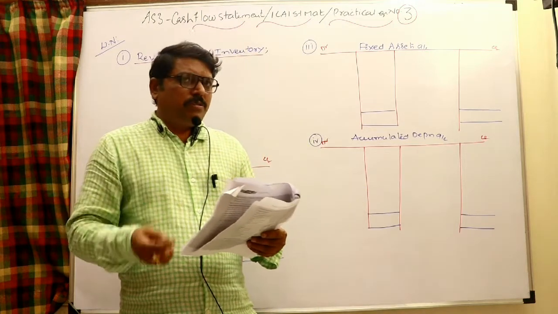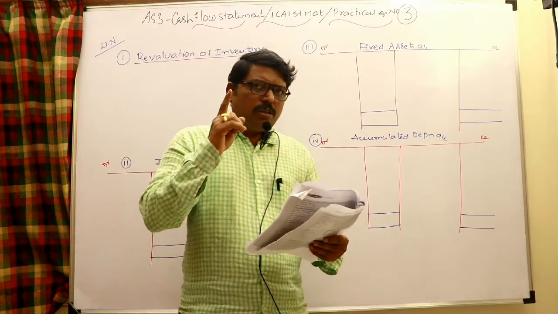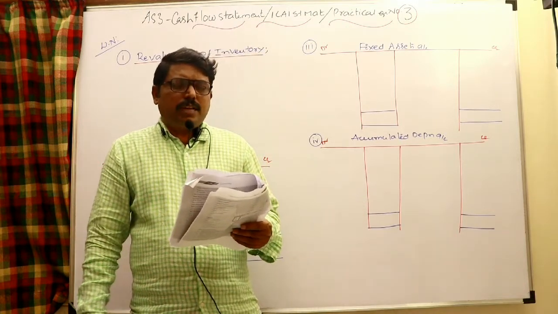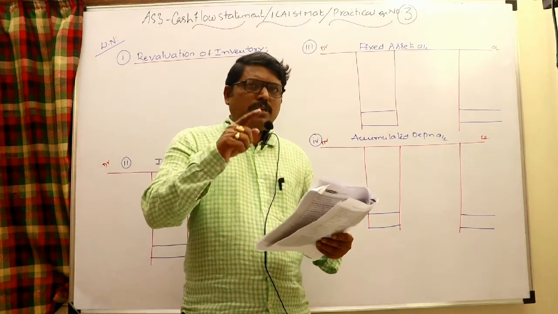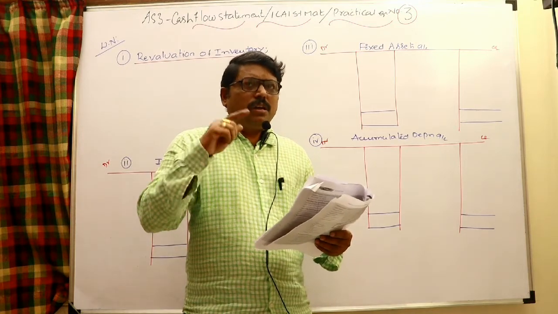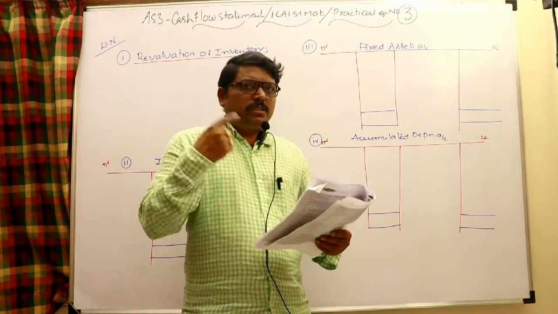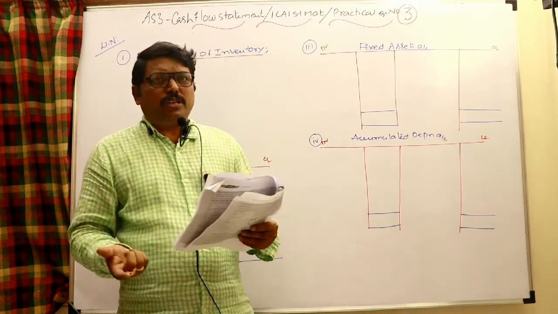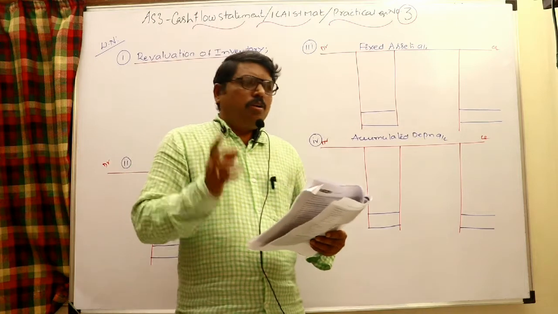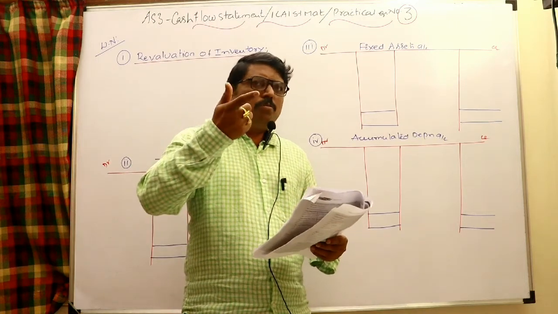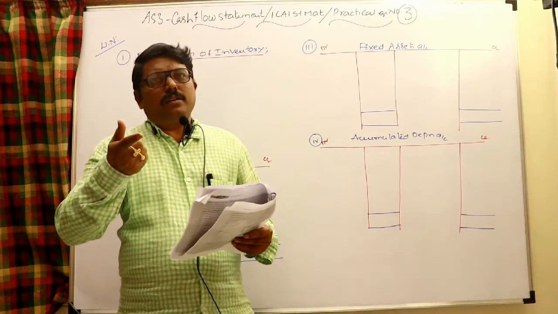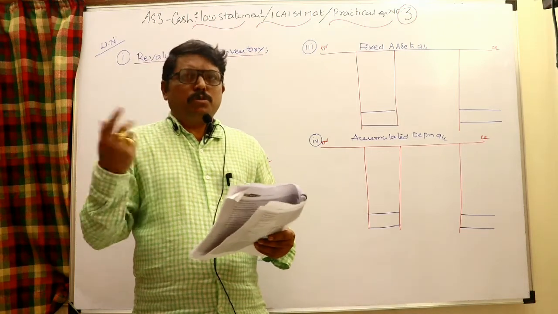Debentures, preference shares, we have seen that. 1,20,000 redeemed, which is a financing activity. It is redeemed at 5% premium. 1,20,000 into 5% means 6,000. Debentures 6,000, preference shares also additional payment 6,000. Obviously the redemption premium should be provided through the P&L account, and that extra amount should be paid.